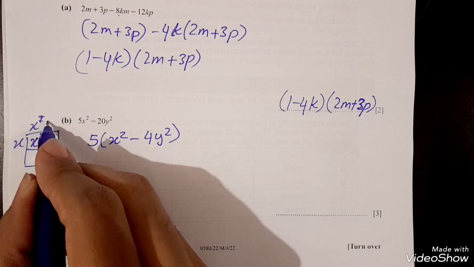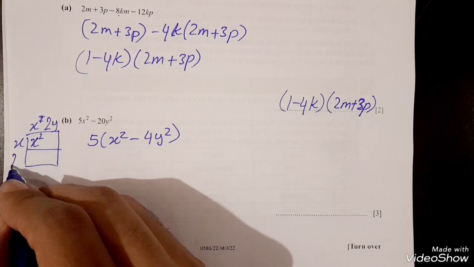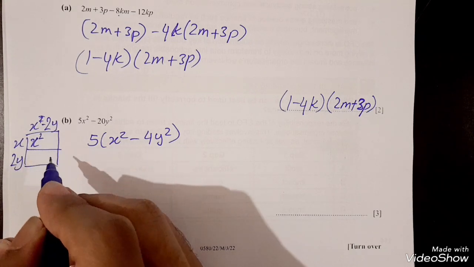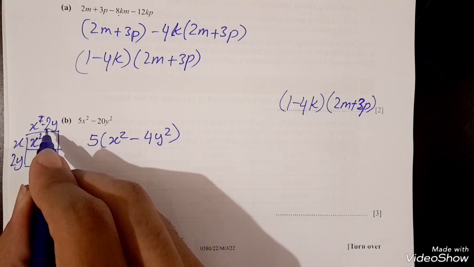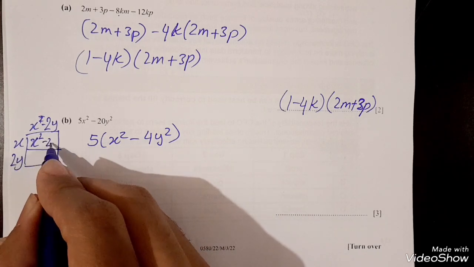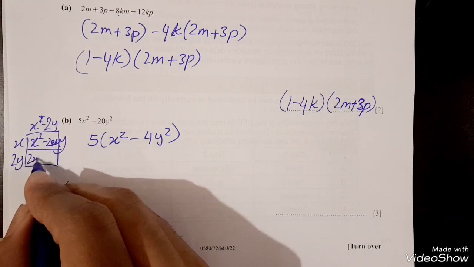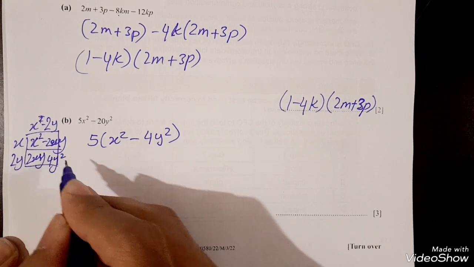Then here we will write 2y and 2y, and we will put it like this. So here minus 2xy, and over here plus 2xy, and here it will be 4y squared.